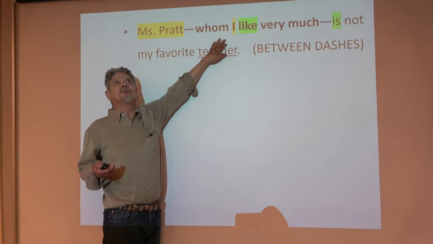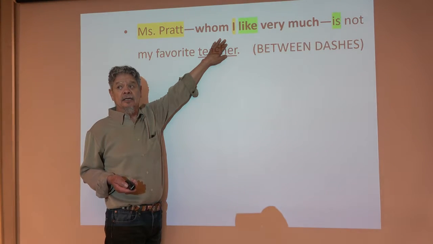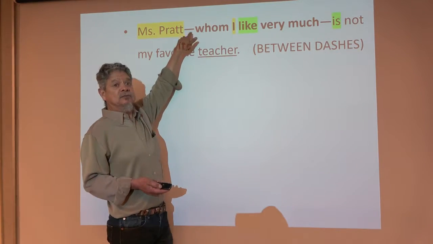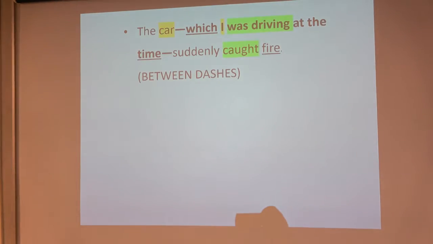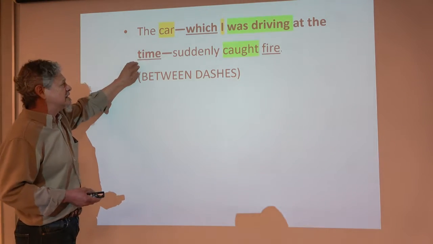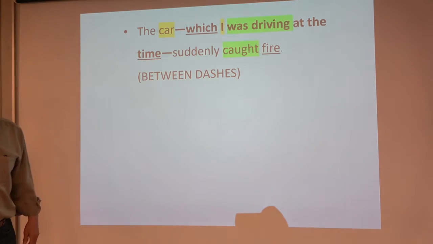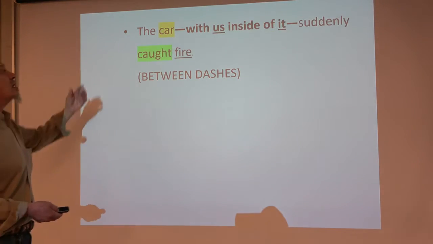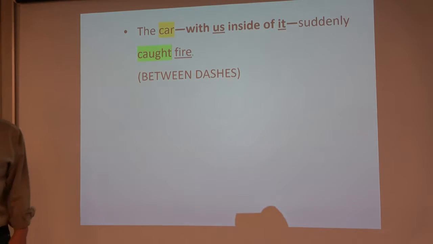This is a non-essential clause, right? So we could put commas, but we can make it stronger with dashes. The car, which I was driving at the time, suddenly caught fire, between dashes. Same sentence: the car, with us inside of it, suddenly caught fire.